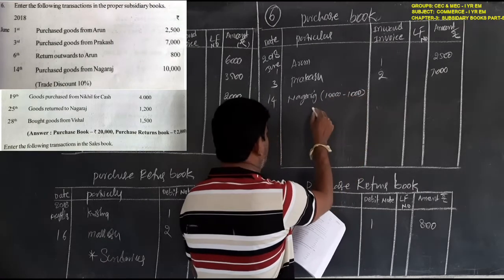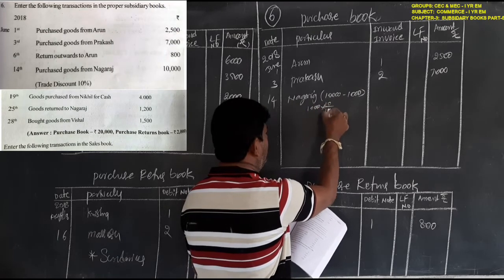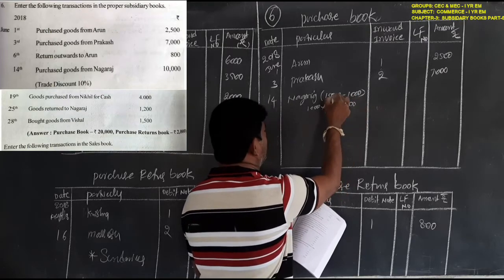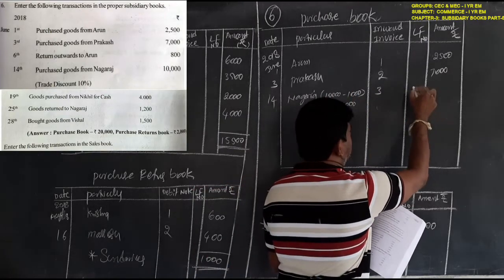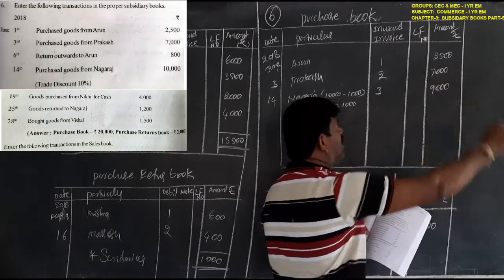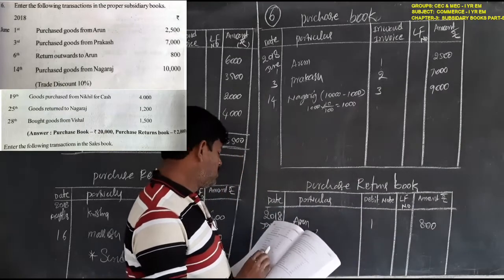How to get 1,000 rupees? 10,000 into 10 by 100, nothing but 1,000 rupees. 1,000 rupees deducted from the 10,000. Remaining is 9,000 rupees, the net amount, which will be recorded in the amount column.